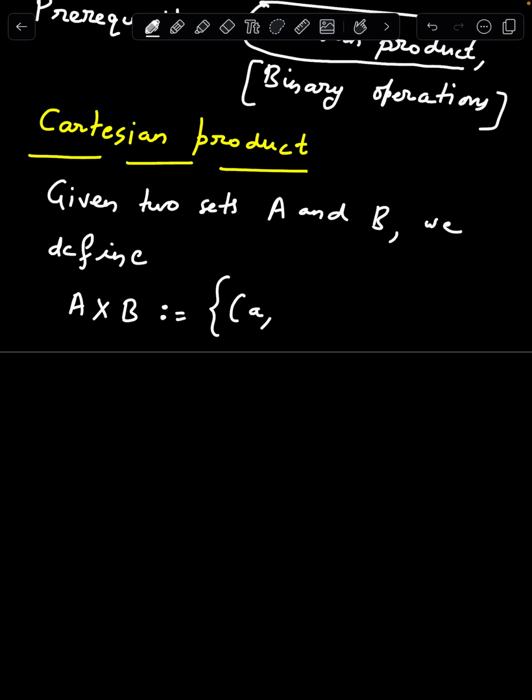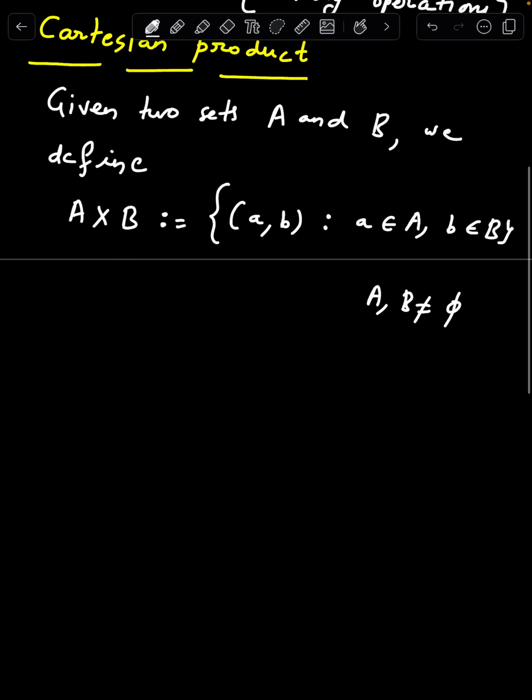It's a set of all couples (a, b) such that small a comes from capital A and small b belongs to capital B. And here we assume that A, B both are non-empty sets. And this symbol means is defined.